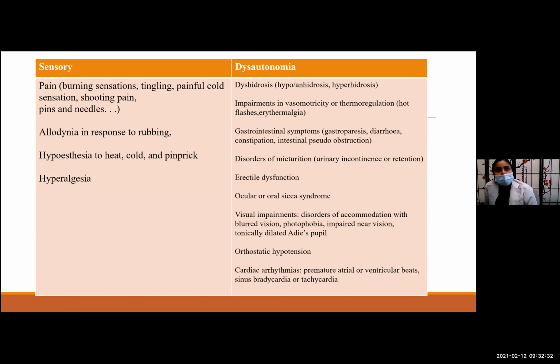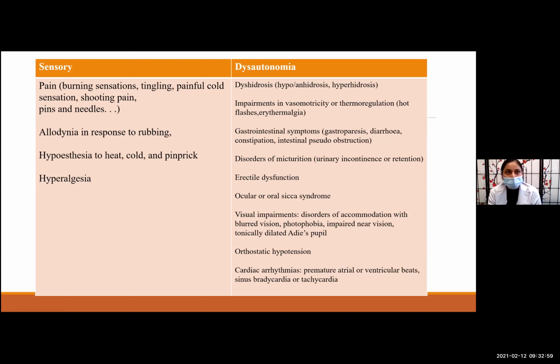We could divide the symptoms for small fiber neuropathy into sensory and autonomic symptoms. Most of the time, 80 to 90% of the time, a patient would actually present to the office with a complaint of pain or dysesthesia or paresthesia, a sensory complaint rather than an autonomic complaint.